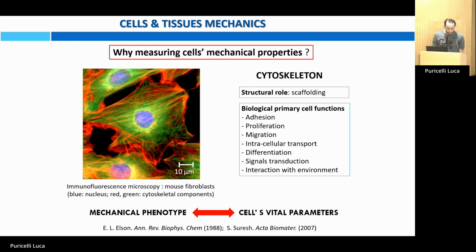For example, the cytoskeleton of cells, which is one of the main components of cells, besides providing a structural role, that is providing the scaffold for the cells, is also responsible for many primary cell functions such as adhesion, proliferation, migration, differentiation, and many others. So it's clear that the mechanical phenotype of cells is directly correlated to the cell's vital parameters.